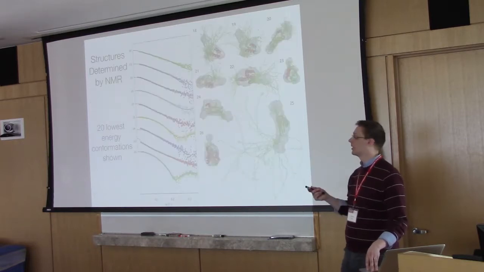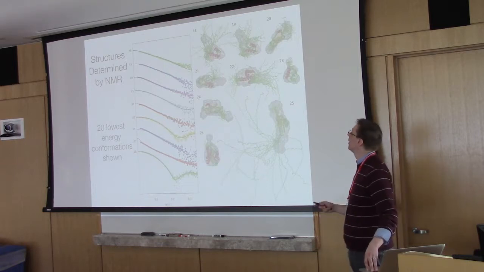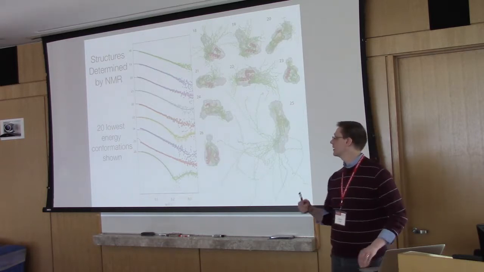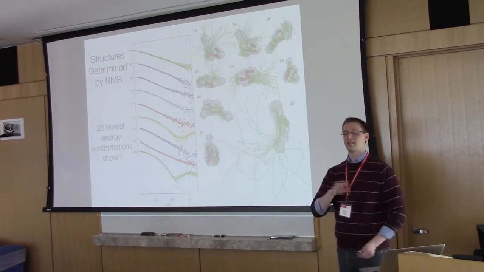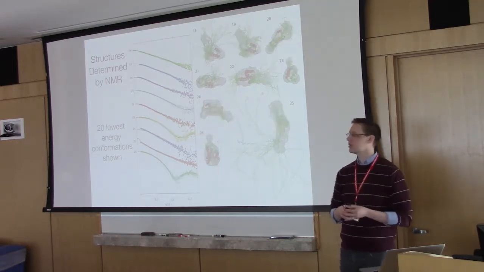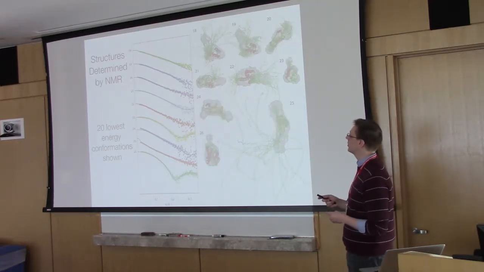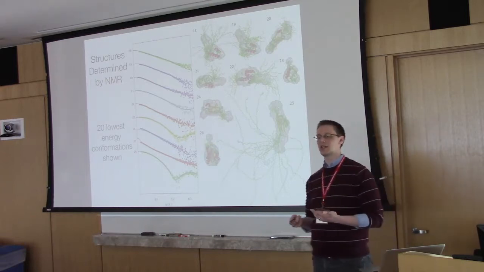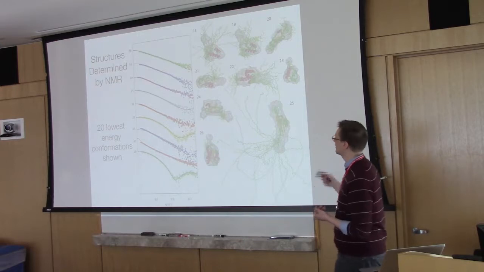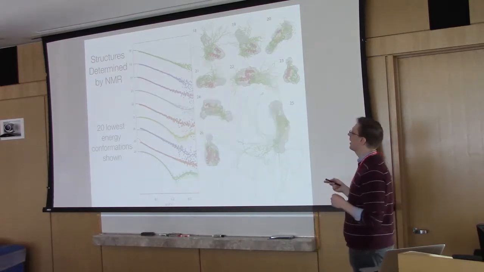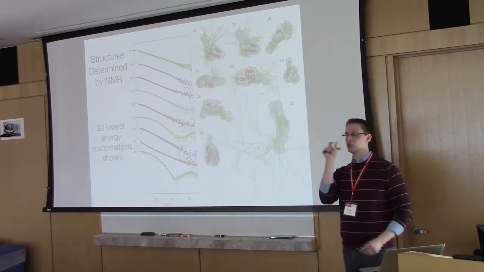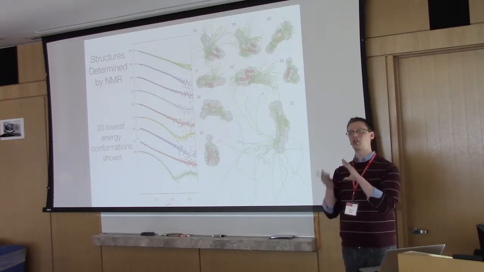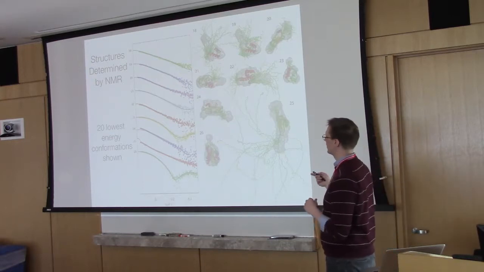Okay, so here are some NMR reconstructions. NMR is a technique where you have these 2D or 3D spectra, and you're using effectively some bioinformatics tools, knowing the sequence and assignments of the NMR data, to piece together all these short-range interactions to build up the tertiary structure of your proteins.